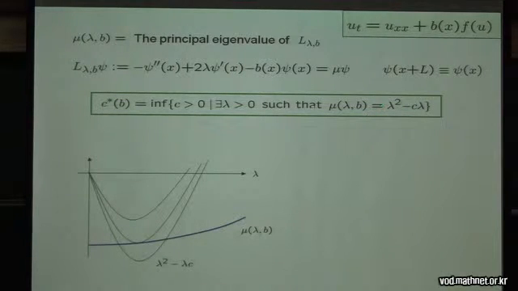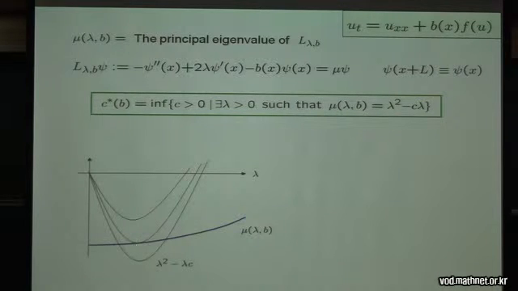So this is the graph, B is fixed. This is the graph of mu of lambda B, this principal eigenvalue, as a function of lambda. And these are parabolas. They have to have a root for this equation.